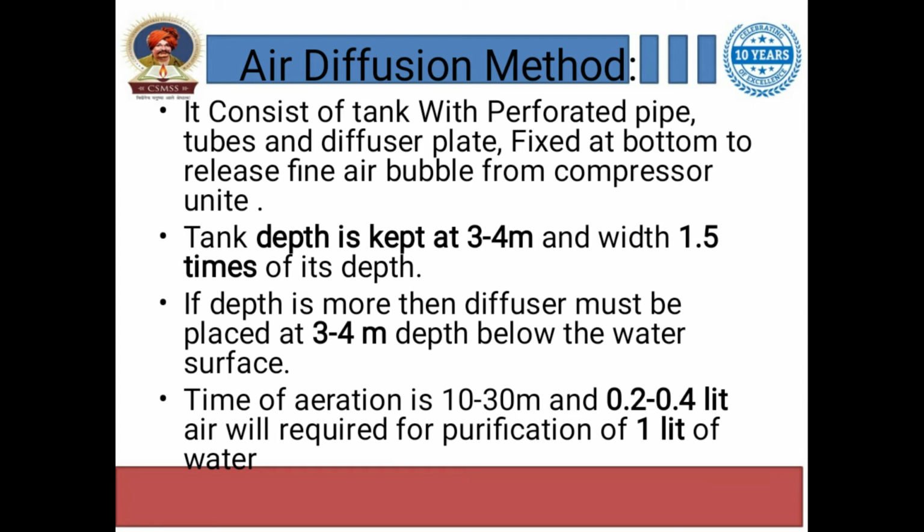And the tank depth is kept 3 to 4 meter and the width is 1.5 times the depth. So what is the depth of the air diffusion tank? It will be 3 to 4 meter and its width will be 1.5 times its depth.